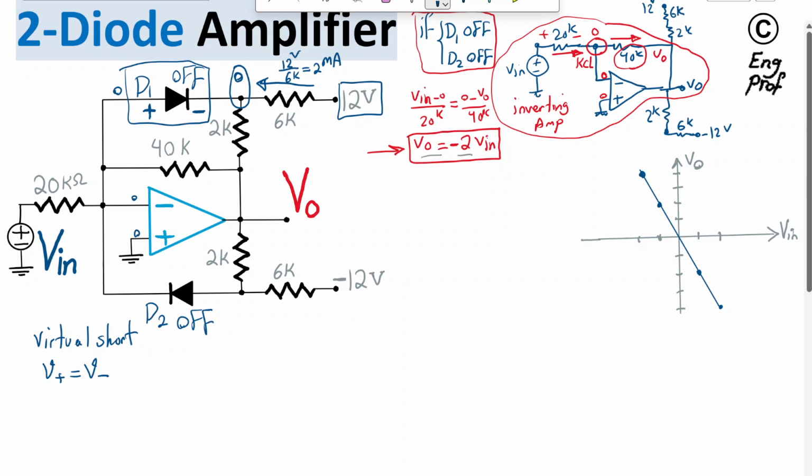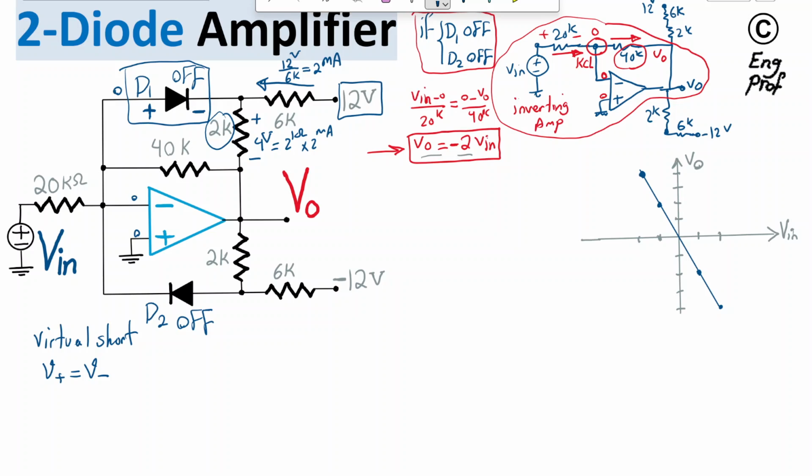The diode is still off, it's barely about to turn on, but while it's off, this current flows down through the 2K, and 2 milliamp times 2K will result in a voltage drop like this, which is effectively 4 volt.